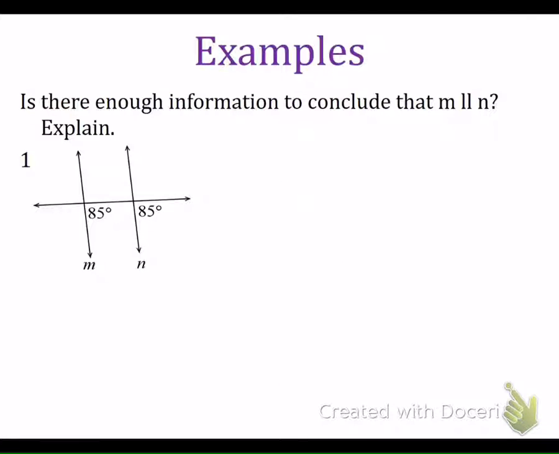Here's example 1. Is there enough information to conclude that M is parallel to N? Yes. Why do you say yes? They're both 85 degrees. What are those? It's on the board. Corresponding angles are congruent. You need all 3 of those parts to get this correct.